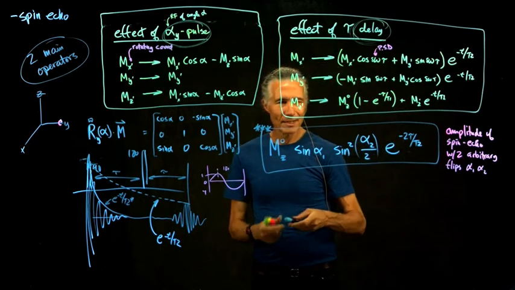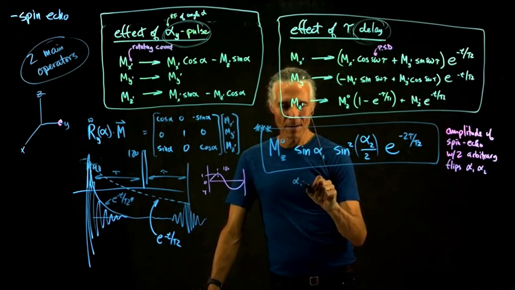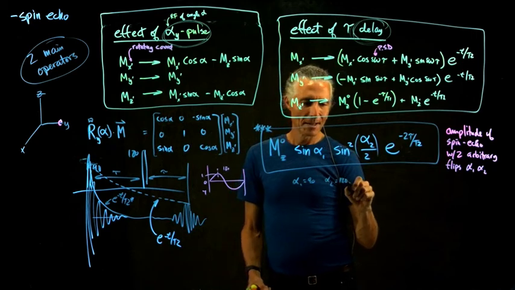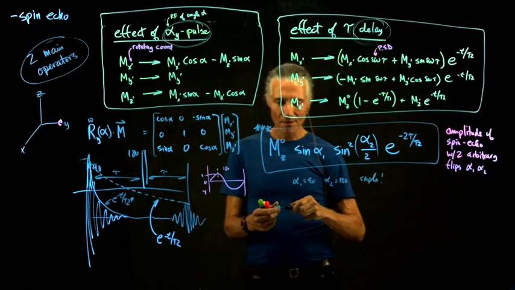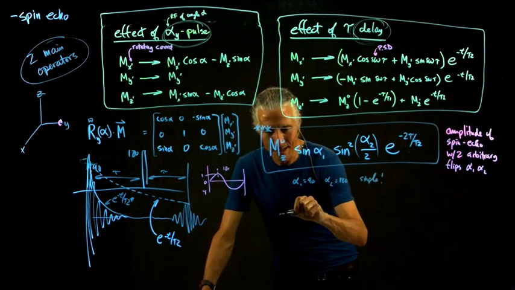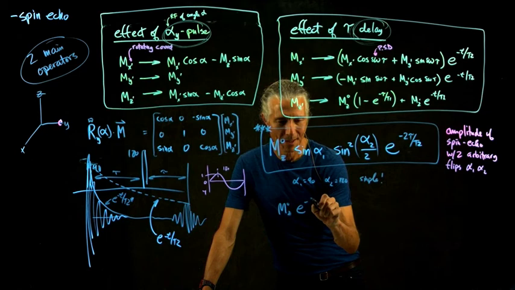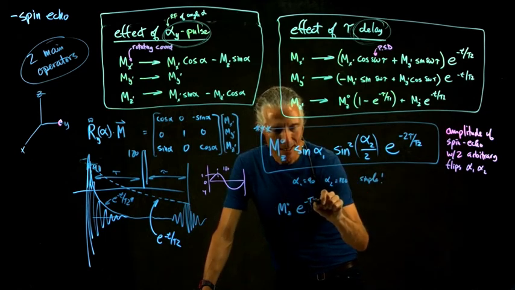So basically if we have alpha 1 equals 90 and alpha 2 equals 180, simple. So what is it in that case? It's just Mz, whatever the starting magnetization was, times e to the minus TE over T2.